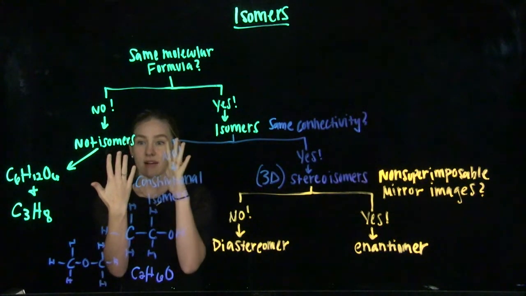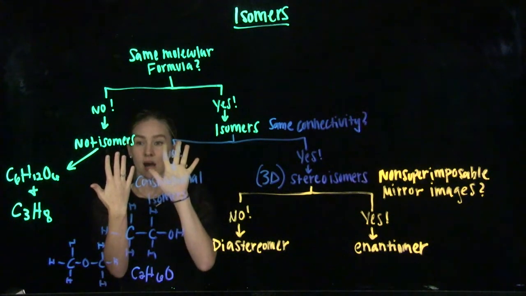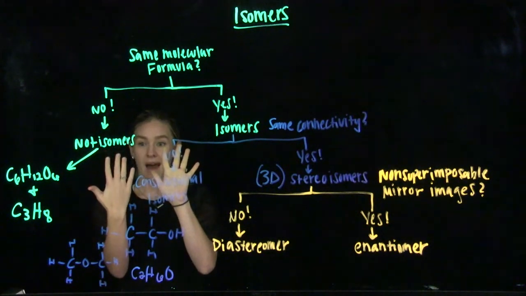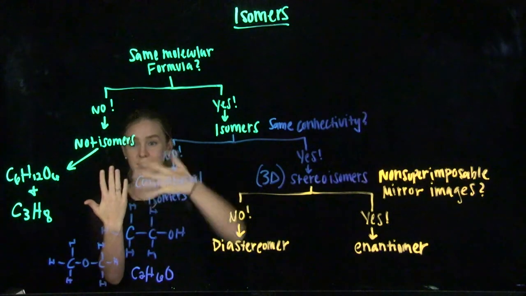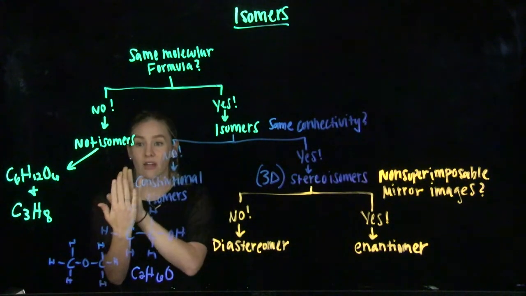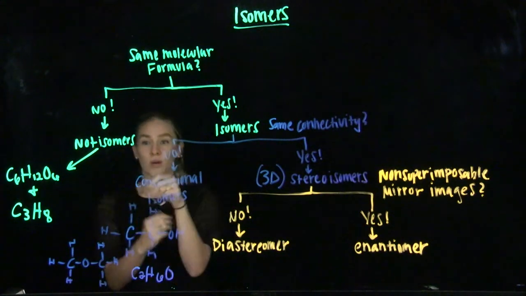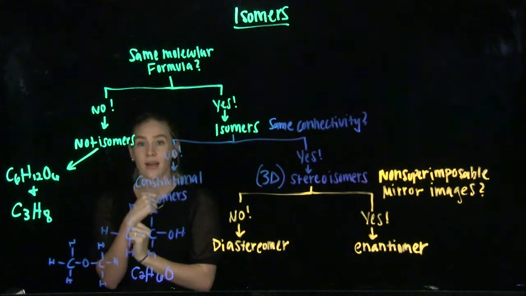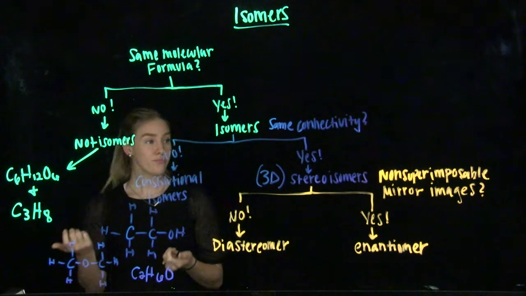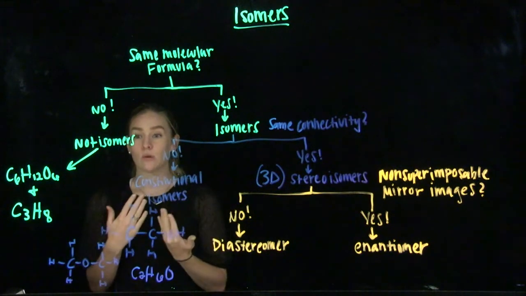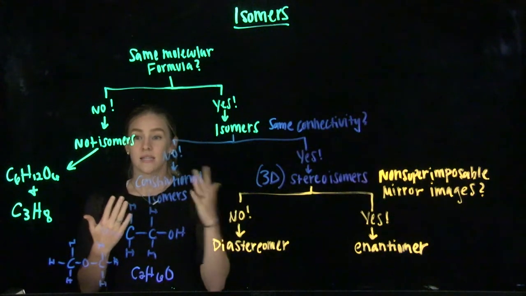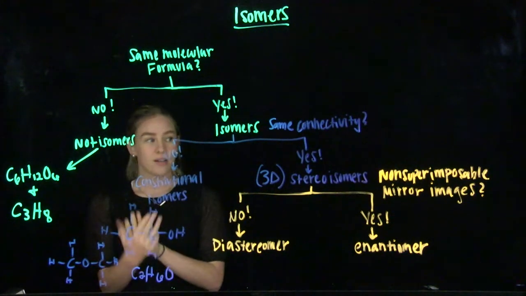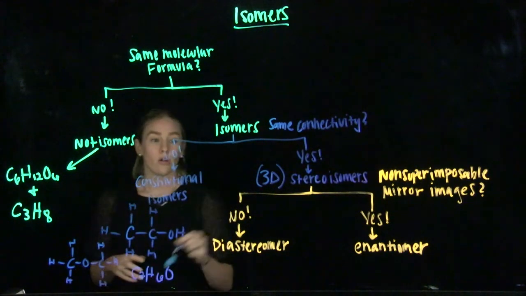And even if I turn it around, my palm is different than the back of my hand. There's no way I could rotate one of my hands to be exactly like the other hand. That's why if you put gloves on and you accidentally put it on the wrong hand, it doesn't fit. Your hands are non-superimposable mirror images. There's no way I could change one of my hands to be exactly like the other one. And that's the same idea with molecules.